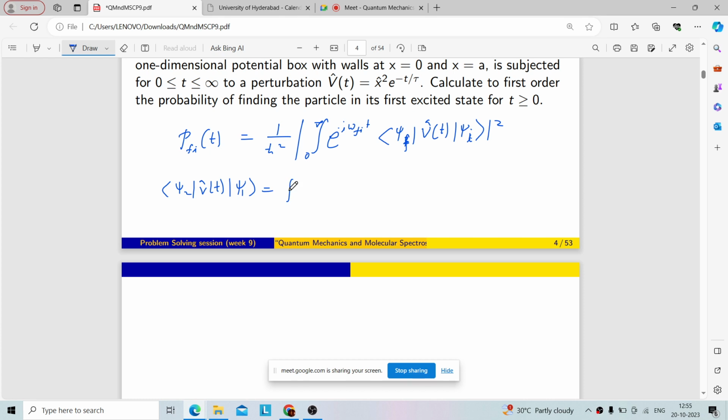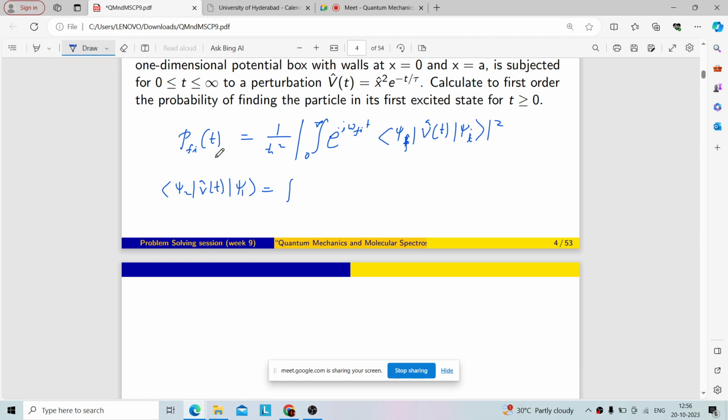So this will give us an integration. This ψ_2 will have some constant, root over 2 over L, and the other wave function will also have that same constant. So we can take out that common constant outside.